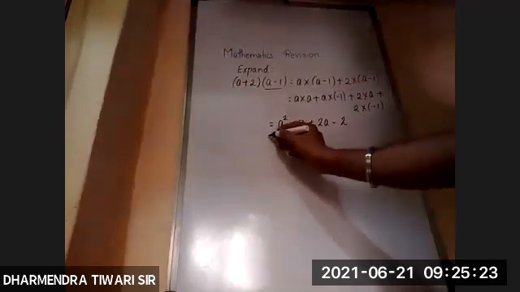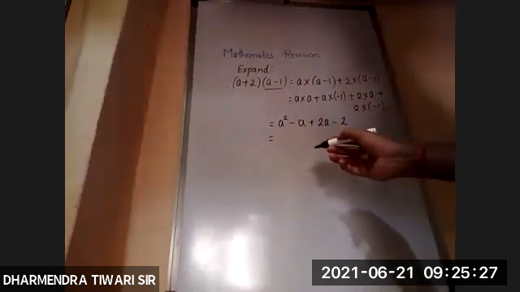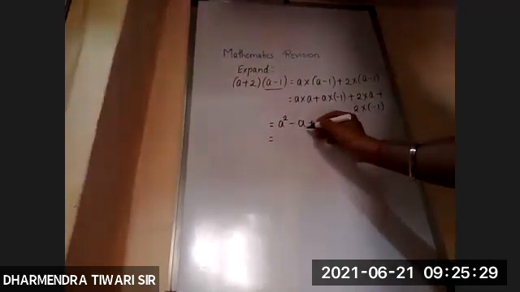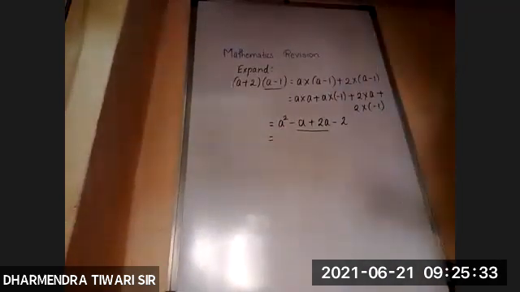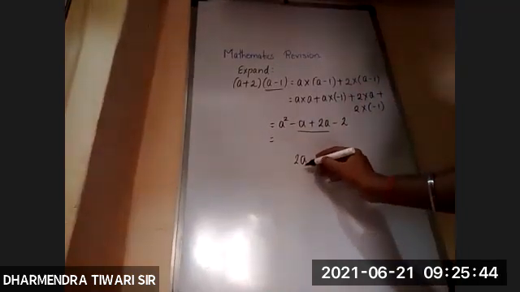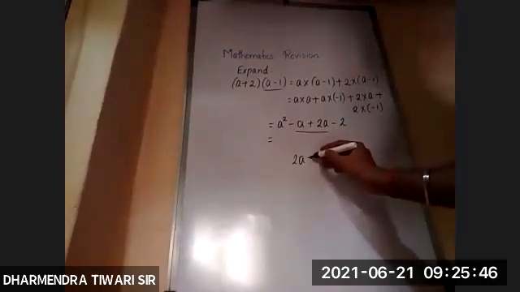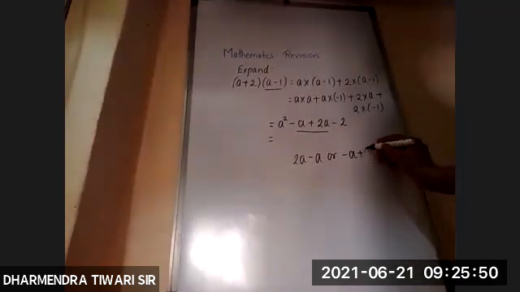So what we can observe from here, we are having similar terms. Whenever we have similar terms, we can add or subtract as per the given condition. As we are having 2a, you can write 2a minus a, or you can write minus a plus 2a.